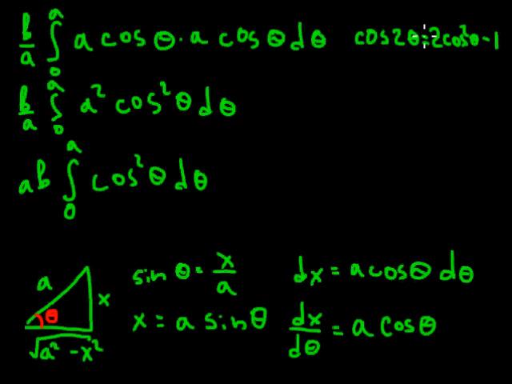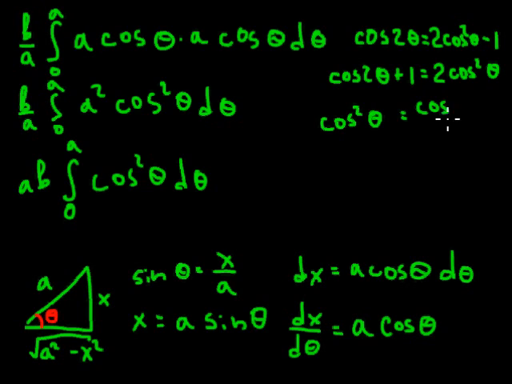And we can solve it for cos squared theta. Move this minus 1, becomes plus 1, equals 2 cos squared theta. Now we solve it for cos squared theta. Divide by 2, cos 2 theta plus 1 divided by 2. So it's just another trig identity.